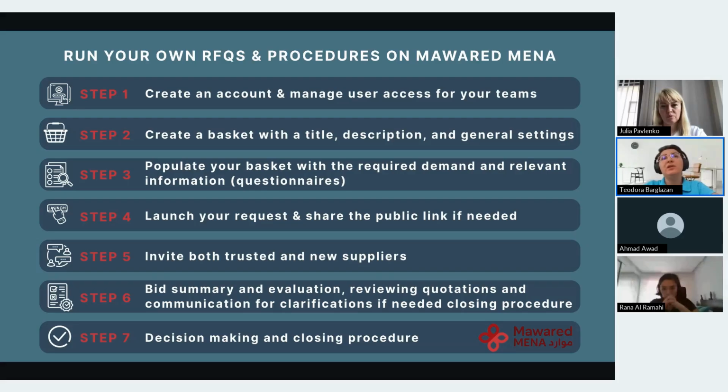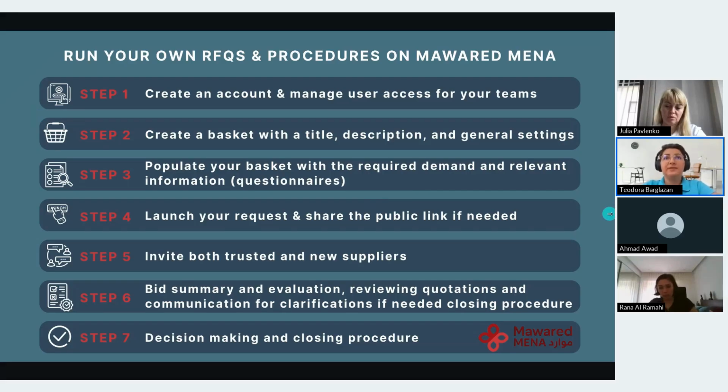So the Mawared MENA platform allows you to make both informed but also objective decisions based on the defined criteria. And what's also important is that it's documenting in real time with timestamps all the decision making that you're doing.